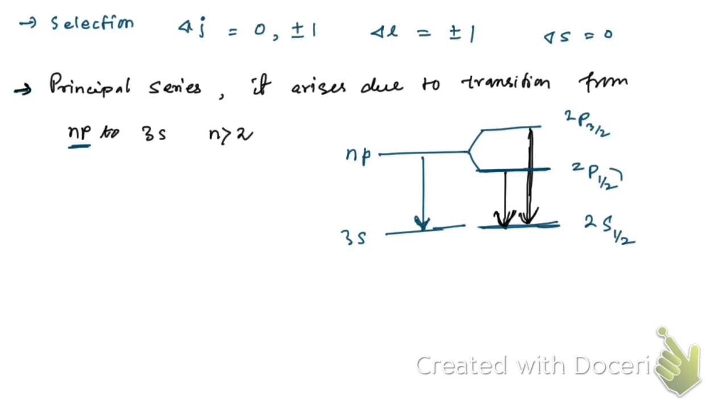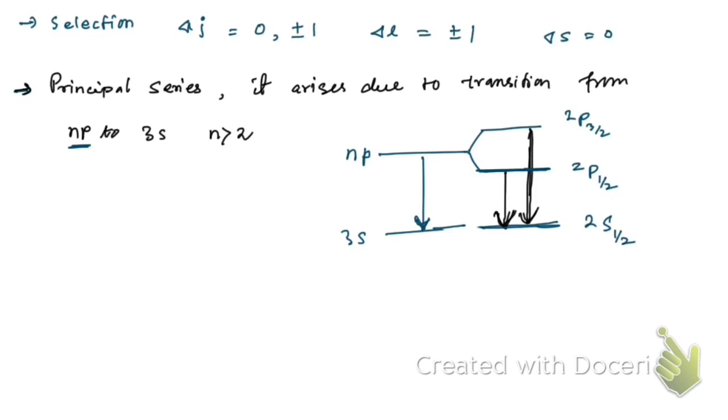Here you see this value of j is half, here also half, and the difference of j, half minus half, is 0. So this selection rule is obeyed here, and in this case from this to this level, 3 by 2 minus half, that's gonna give you 1, right? So selection rule is obeyed, so this transition is also possible.